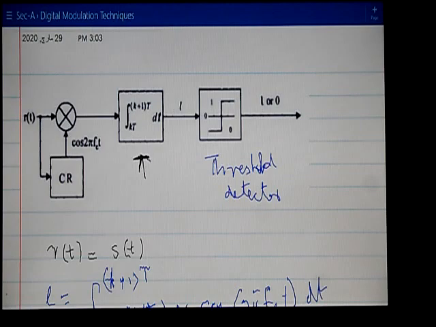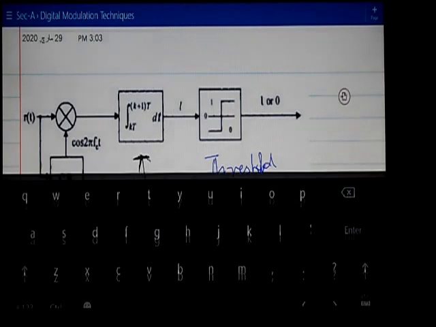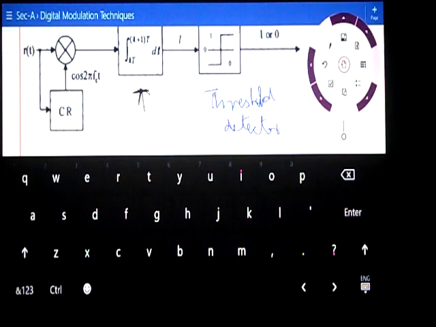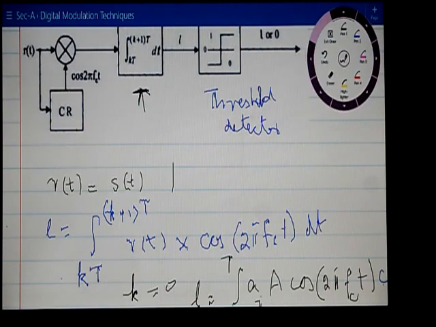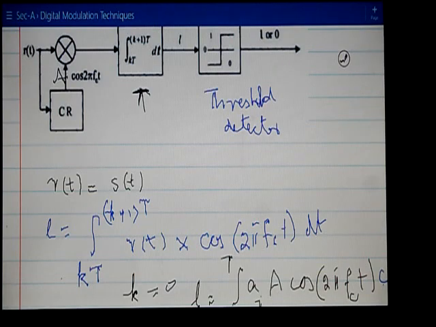You can always multiply the carrier which you have recovered by, for example, a. If I amplify my signal with a, what will happen?